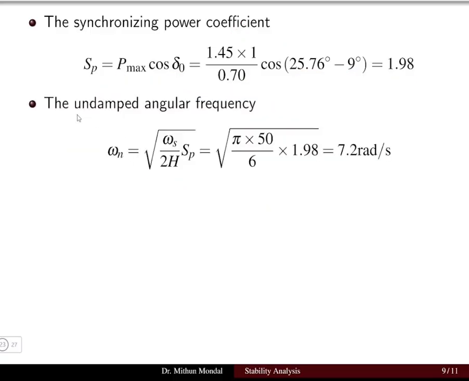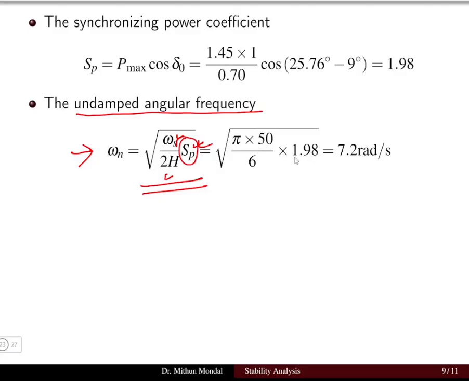So we can now determine the undamped angular frequency of the system. It is given by the formula square root of omega s, the synchronous speed of the machine in radian per second, divided by 2H, the inertia constant of the machine multiplied with the rating of the machine, and here we multiply with the synchronizing power coefficient.